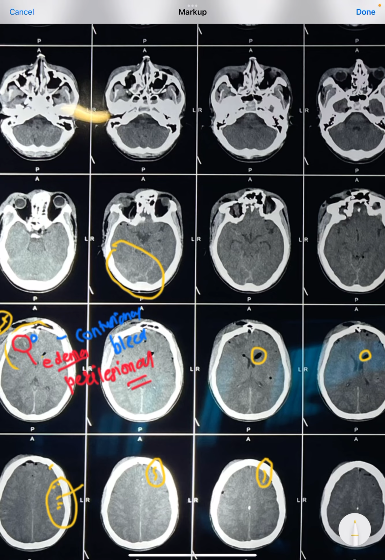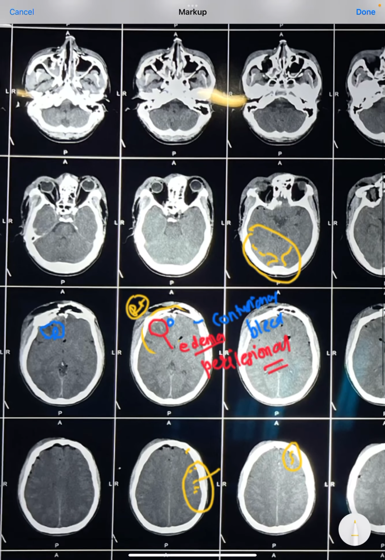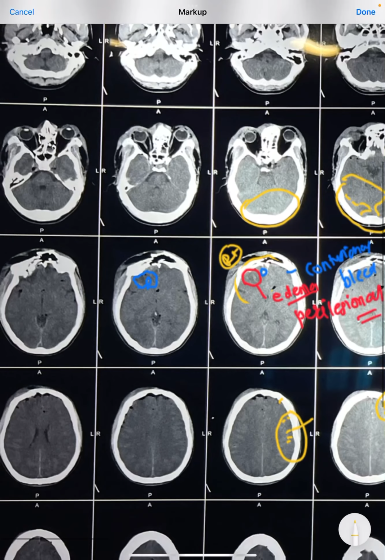What we can see is a dense white structure. Here also you can see the dense white structure in the sulci region, and any dense white structure in the sulci or in the gyri portion suggests bleed, because this dense white structure should not be there.